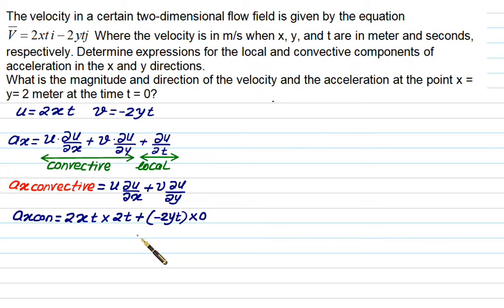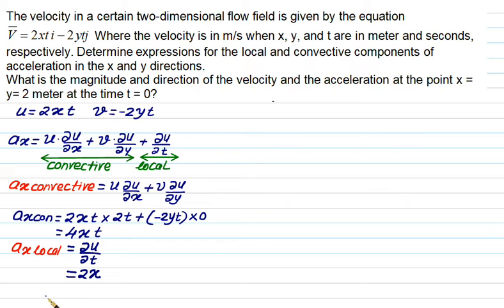So we get 2xt times 2t, which is 4xt². The local acceleration along the x direction is the partial derivative of u with respect to t, which leaves only 2x.